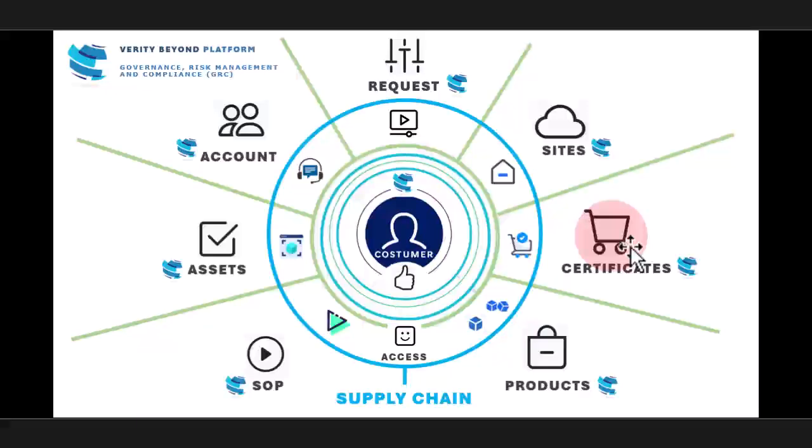Certificates can apply to various areas, including security, compliance, training, and asset management. VerityBeyond helps organizations maintain compliance, reduce risk, and provide evidence during audits, making them critical for demonstrating regulatory adherence.